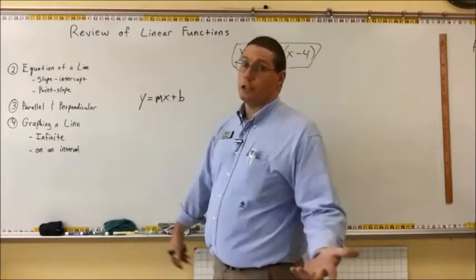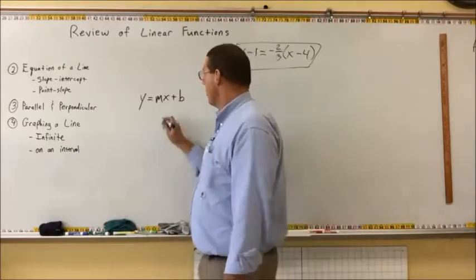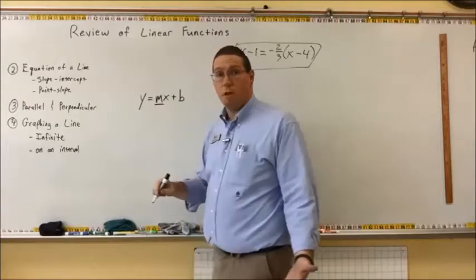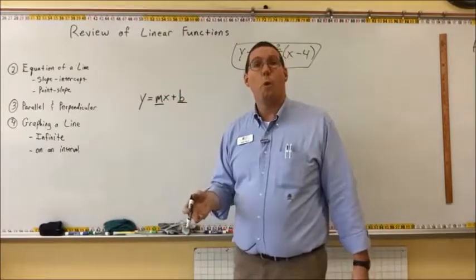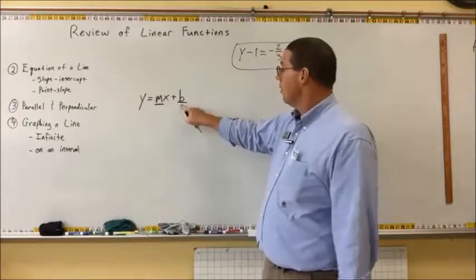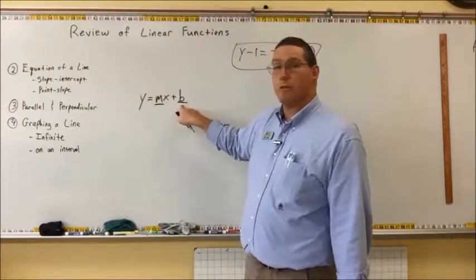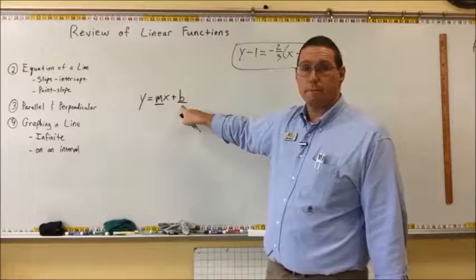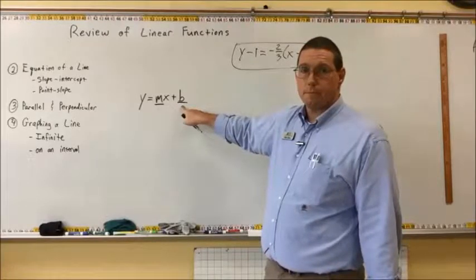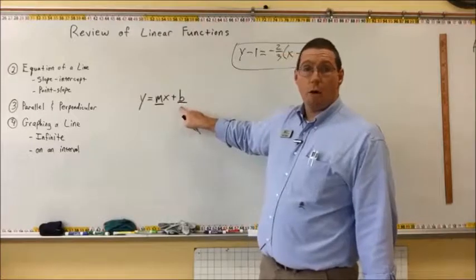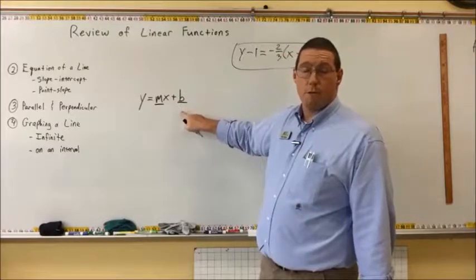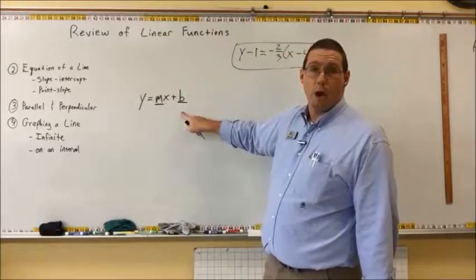The x is just an x, we're not going to put a number in there. And then we have m, that's the slope, and we have b, that is the y-intercept. That's where the line crosses over the x-axis. That's where the line crosses over the y-axis on the graph.